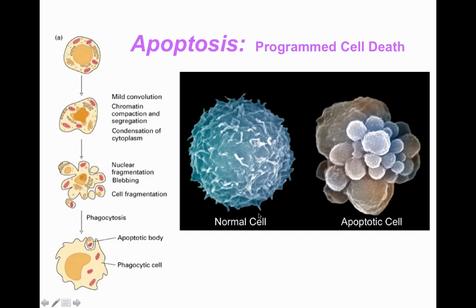In this photograph, we have a normal lymphocyte showing the different position of the membrane on the left, and on the right, a cell showing severe blebbing of the membrane, showing the beginning of the fractions that are being formed as the membrane begins to bleb.